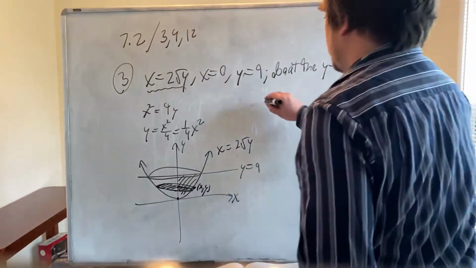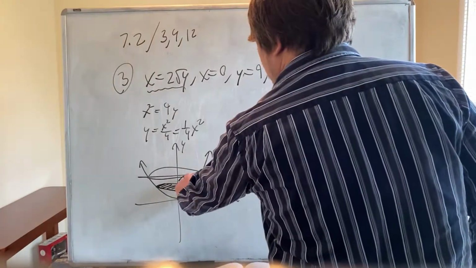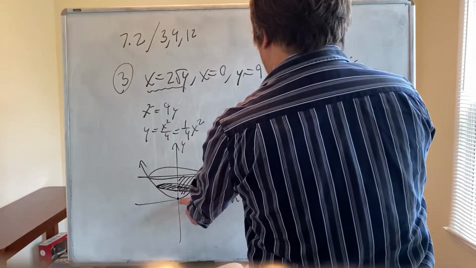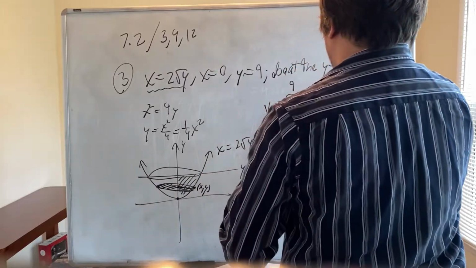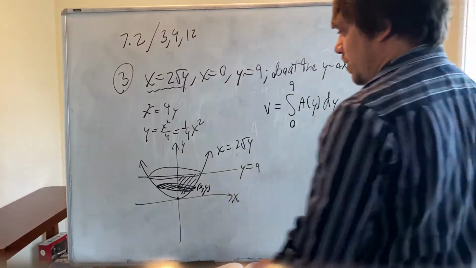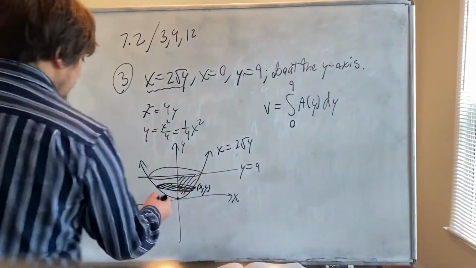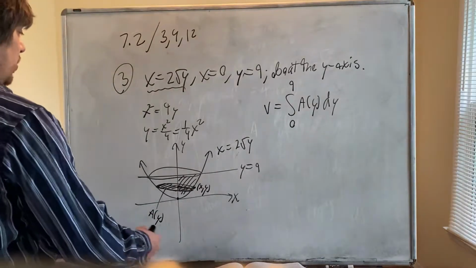So the volume is equal to the definite integral. Since the thickness is like this, we're going to integrate with respect to y, from y equals 0 to y equals 9 of A of y dy. A of y is the area of the washer. Well, what's A of y?